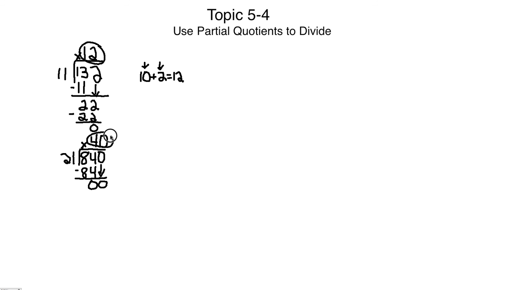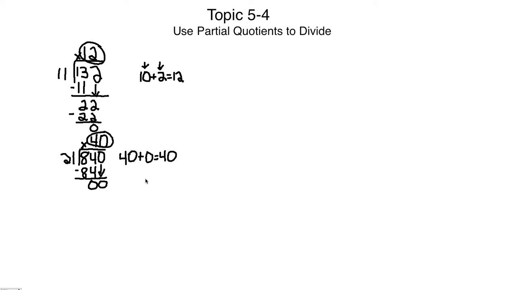There's your quotient. Now, what are the partial quotients? 40 plus 0 equals 40. That's the partial quotient, and that's the partial quotient.